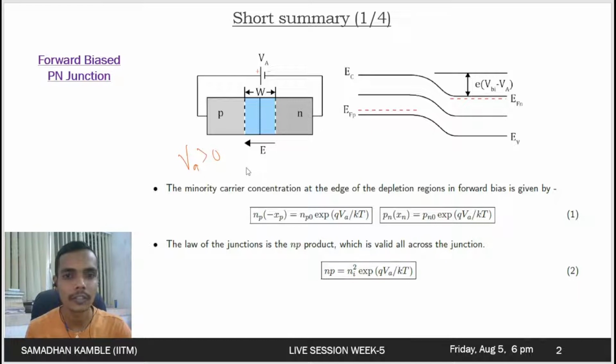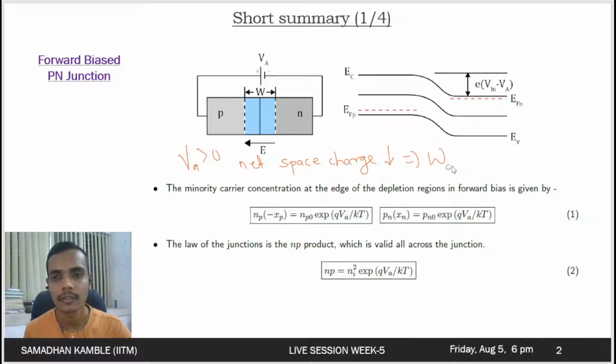So the net space charge gets reduced, and hence the depletion width also gets reduced. We got these relations for the minority carrier concentrations at the edge of the depletion region in forward bias.